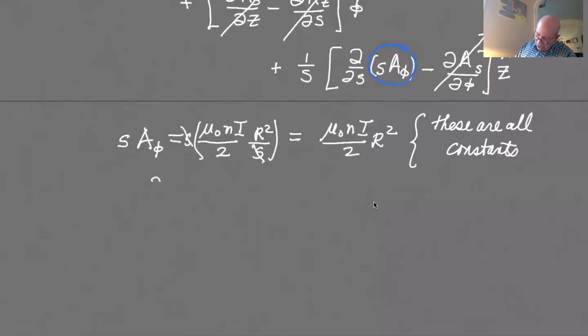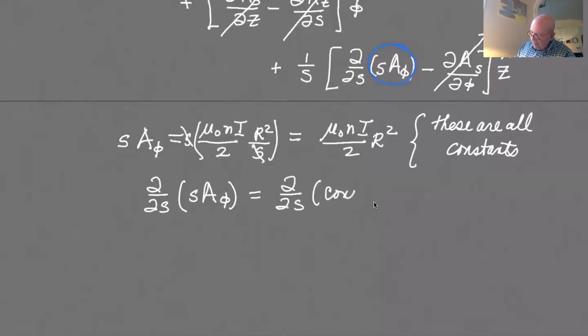And so the change in S times A_phi with respect to S is just the change with respect to S of a bunch of constants, which is equal to 0.